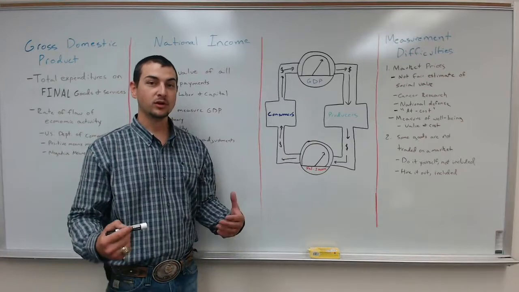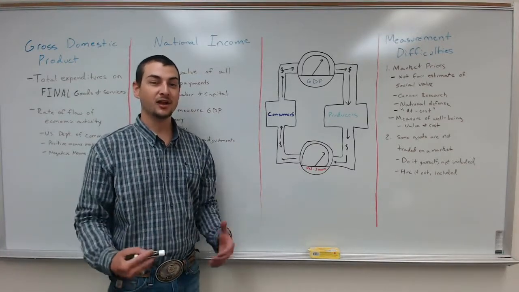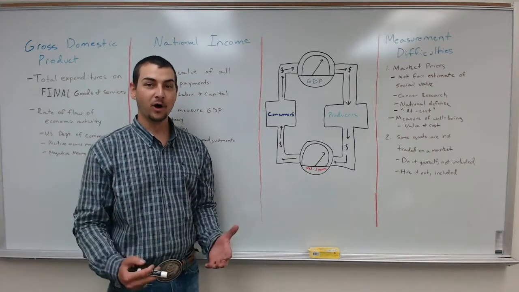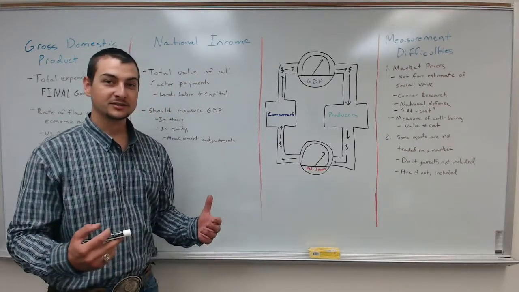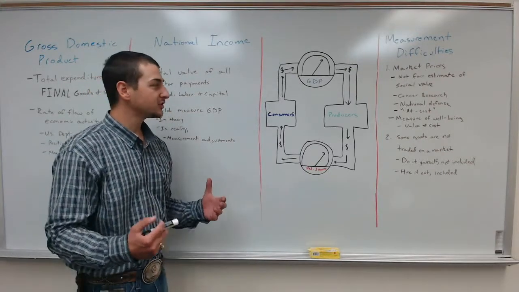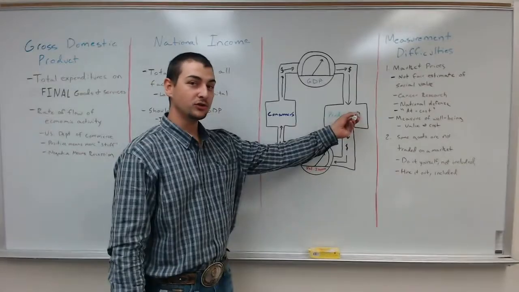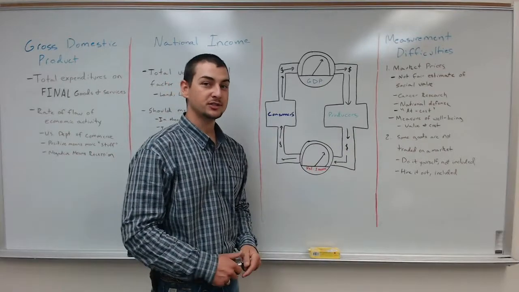So whenever we're looking at this, we're thinking of what is the dollar value of all of the stuff that we have bought in the United States? What is all the total value of all the stuff that consumers have paid to producers for their final goods and services?